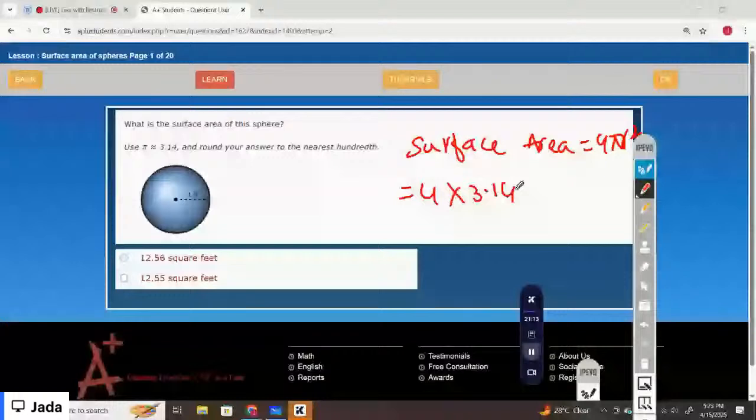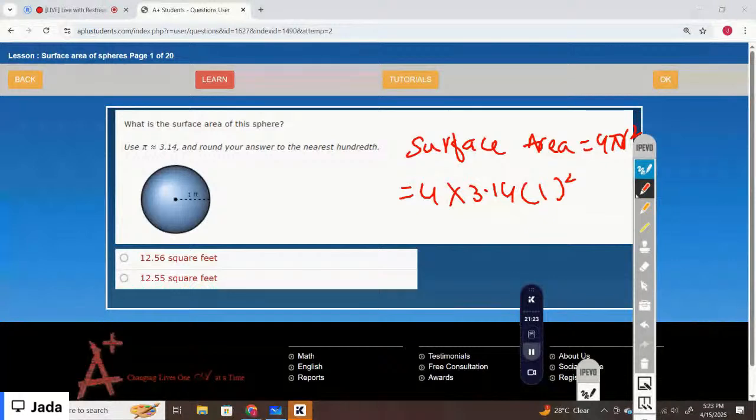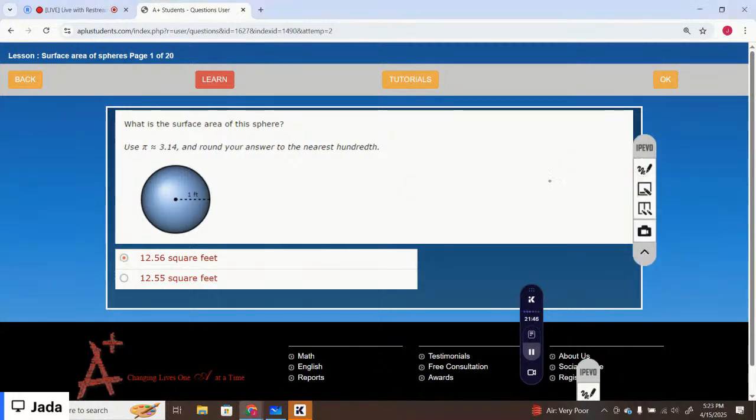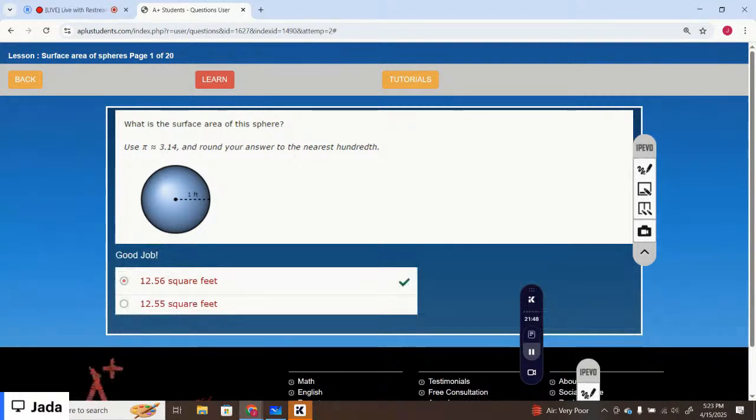That is 4 times 3.14 times 1 square. Option number one is the correct option. That is 12.56 square feet.